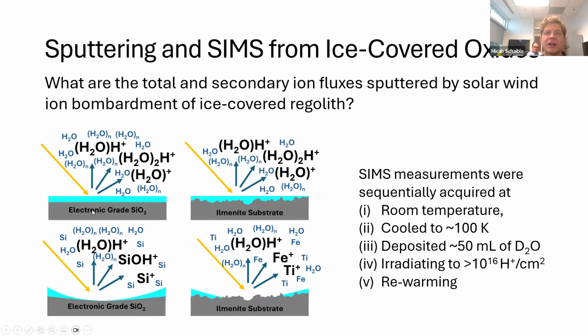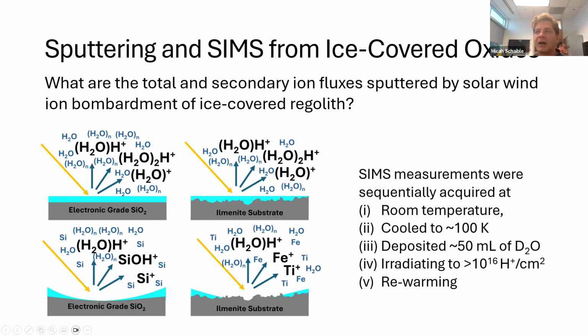The electronic grade SiO2 has a very, very flat surface, whereas the ilmenite sample was roughed up using some sandpaper, so it has a much rougher surface. The measurements were acquired first at room temperature, then after cooling the samples to 100 K and depositing about 50 monolayers of D2O onto the surface.